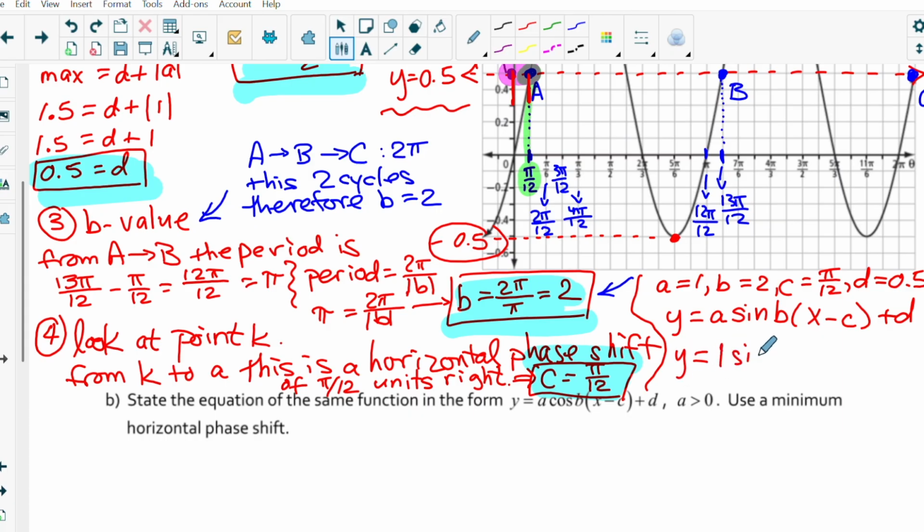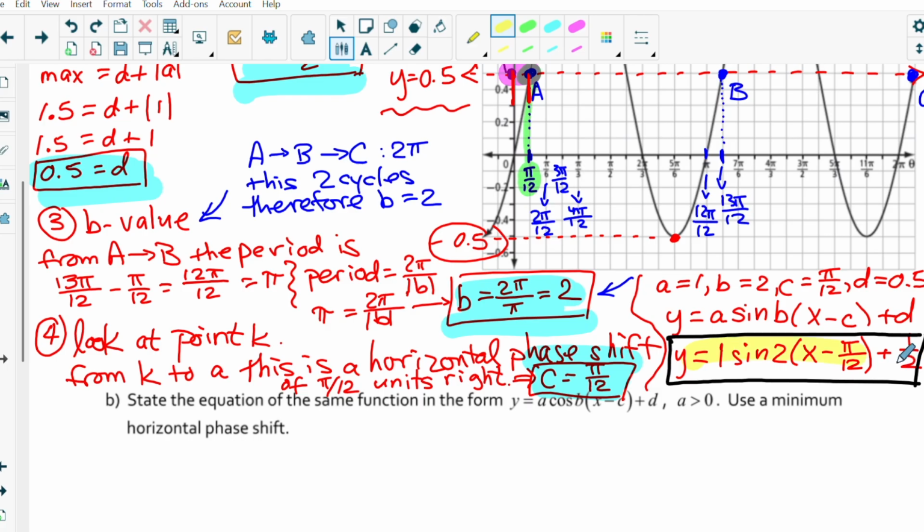Y equals 1 sine of 2 times x minus pi over 12 plus 0.5, or let's use exact values, plus 1/2. So there's our equation right here. Let me put a big box around it.